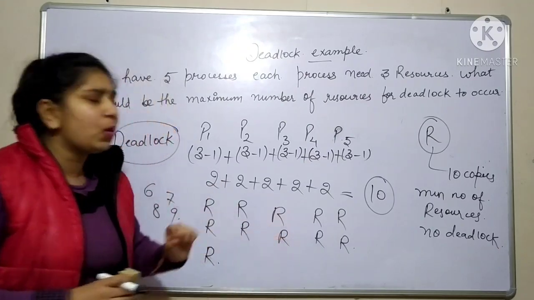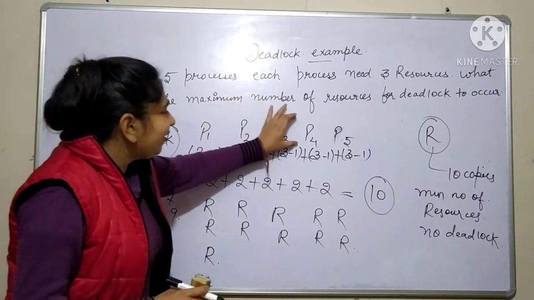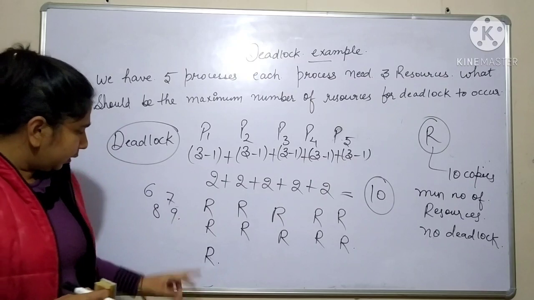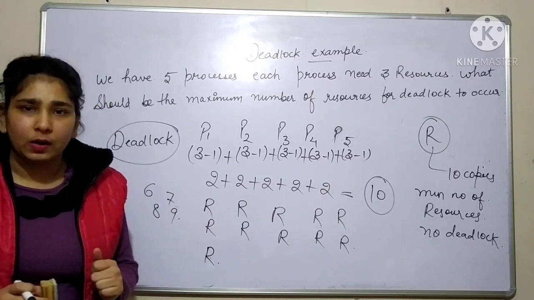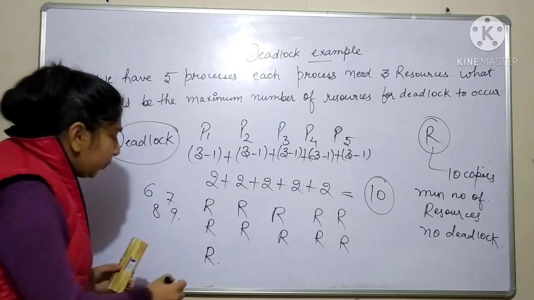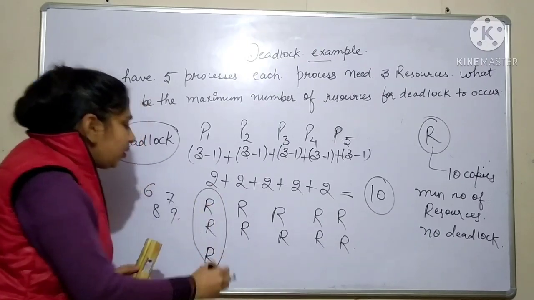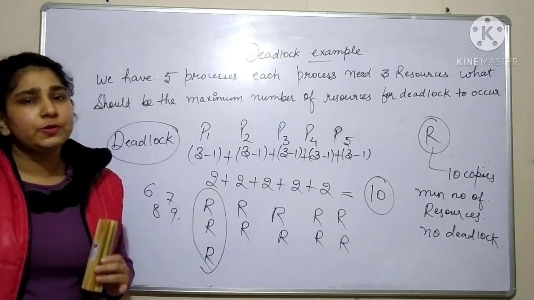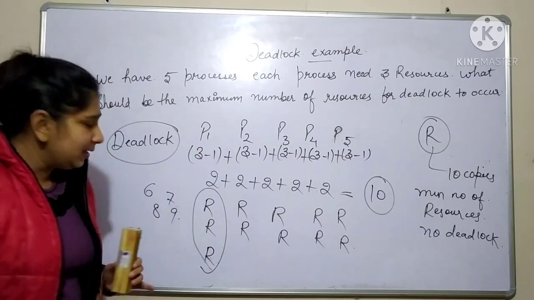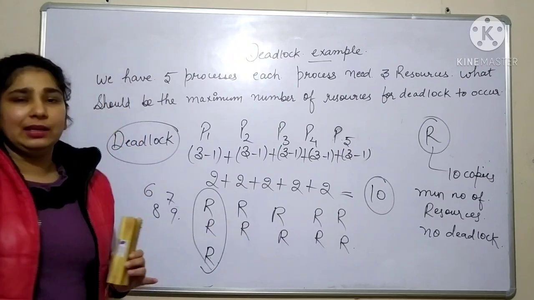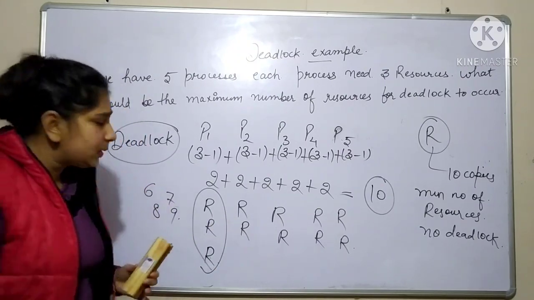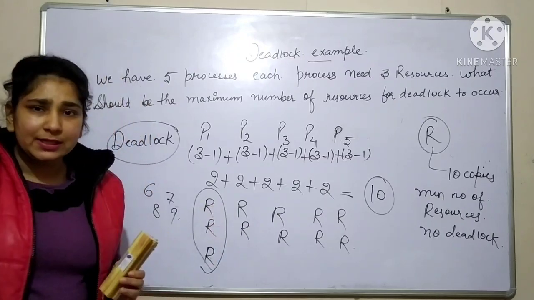to all these 5 processes in any manner. Anyhow, you will not get deadlock, because there is one process which is going to acquire all of the 3 resources. Once your process P1 has been completely executed, it is going to release all of its 3 resources.